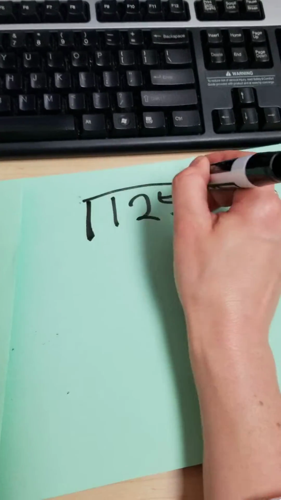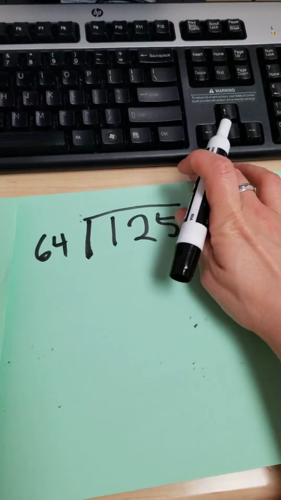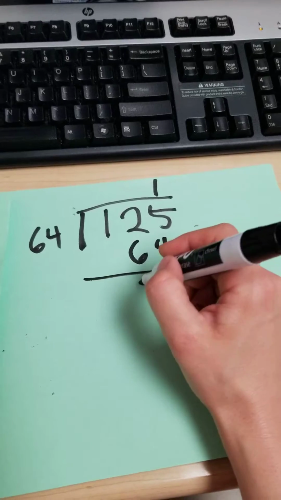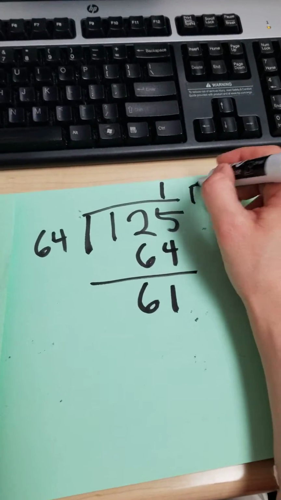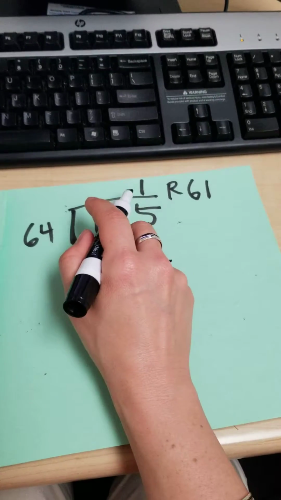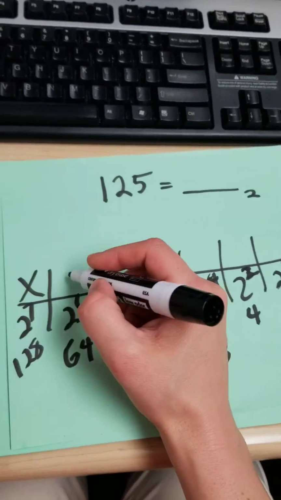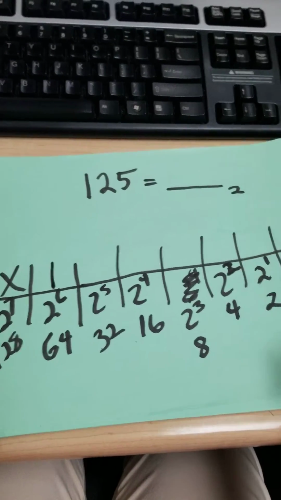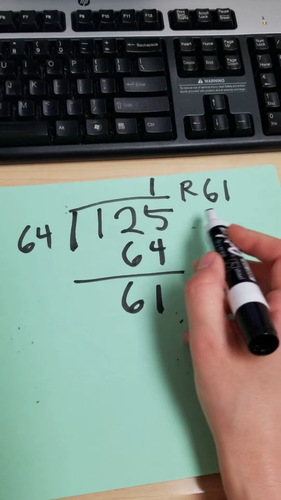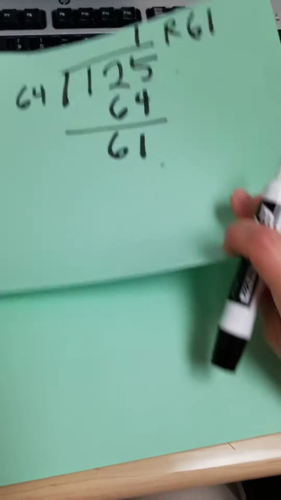If I did the division by 64, I would be able to get out 1 with 61 as a remainder. So that 1 translates to one group of 64. Once I take that one group of 64, I have 61 remaining jelly beans.